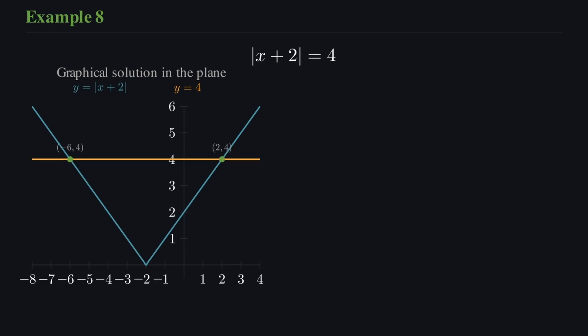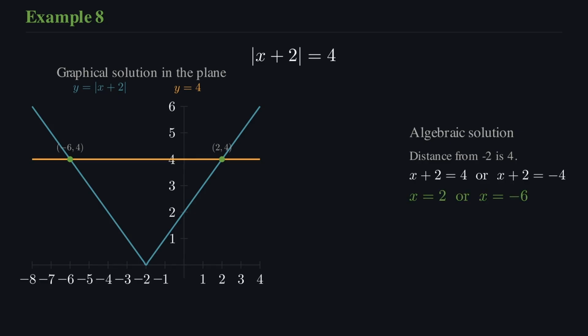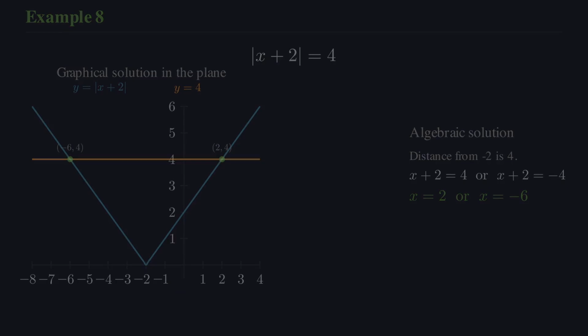And we can see that this happens at x equals 2 and x equals -6. Algebraically, absolute value of x plus 2 equals 4 gives two equations: x plus 2 equals 4, or x plus 2 equals -4. From the first, x equals 2, and from the second, x equals -6, so the two solutions match the points we marked on the graph.